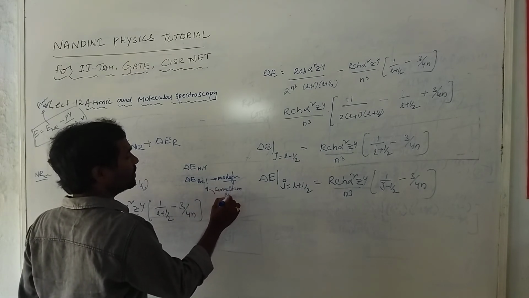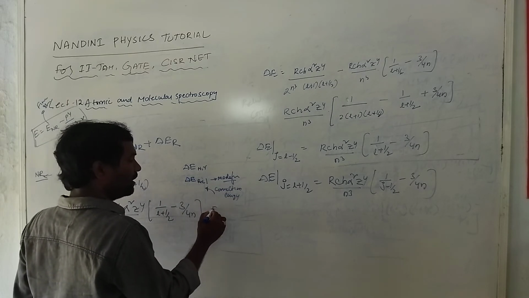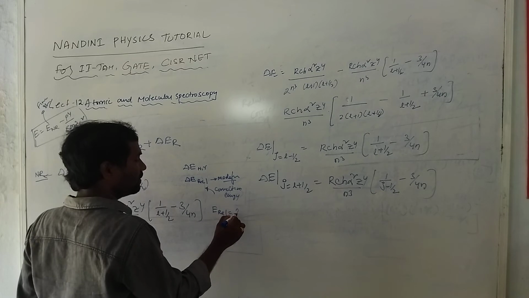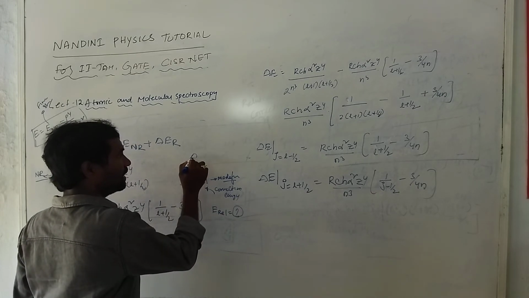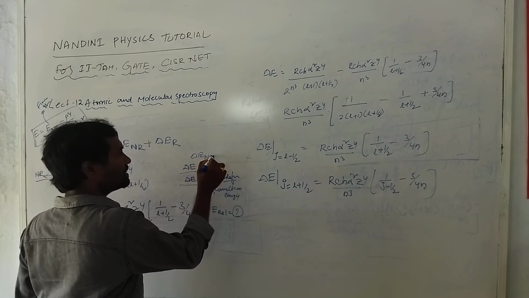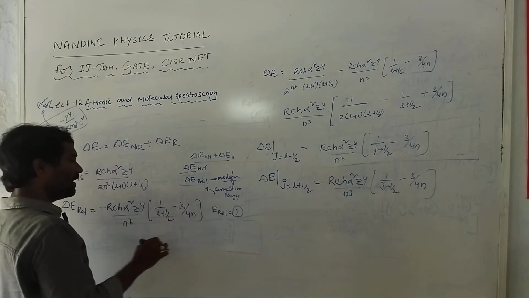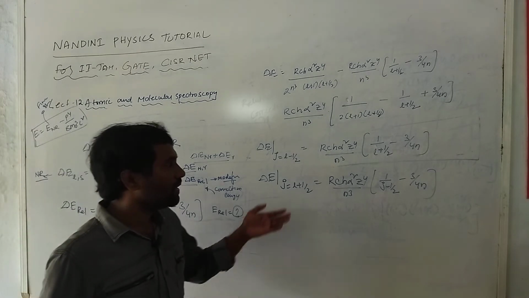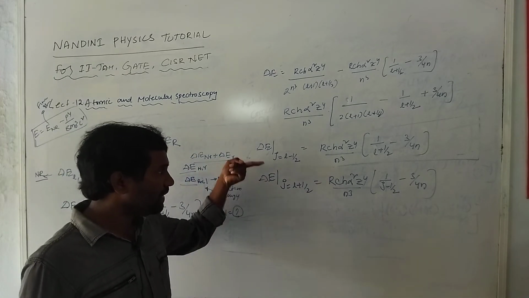Due to this correction energy concept, finally we get the relativistic energy. This energy is the addition of both cases, delta E non-relativistic plus delta E relativistic. Adding these two, you will get the same equation that we get in relativistic energy. So the same energy he considered once again, and you will get the same equation.